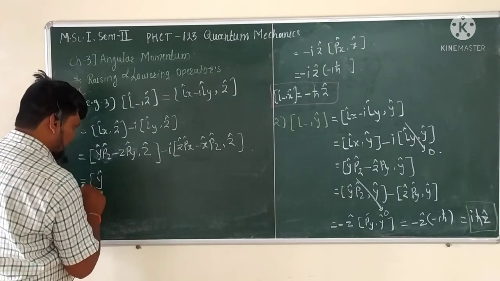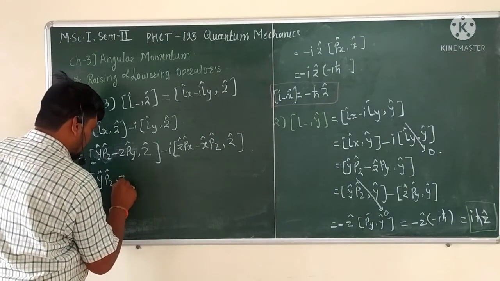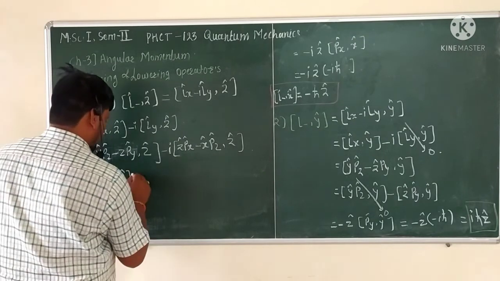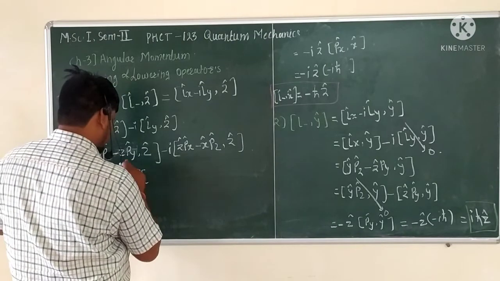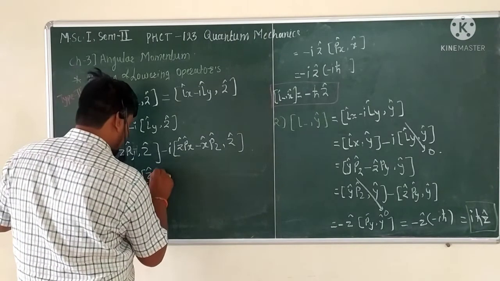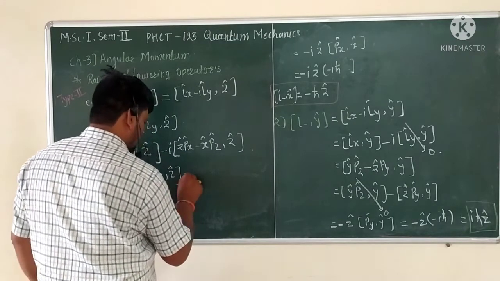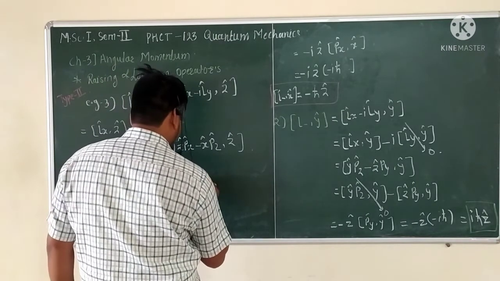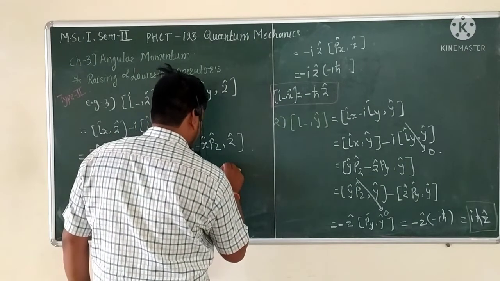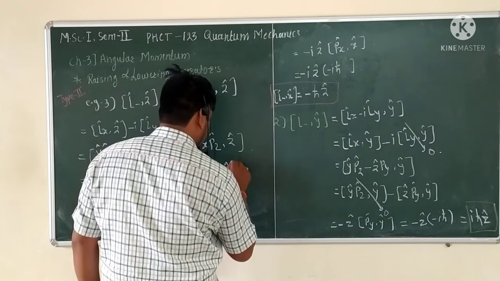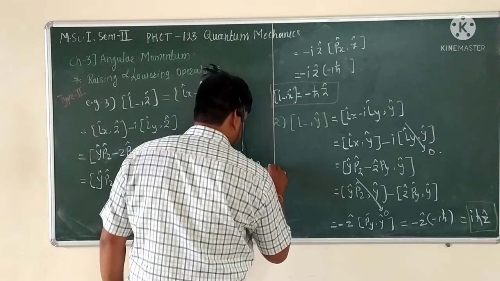So this y cap of pz comma z cap minus, and this next commutator bracket is z cap of py comma z cap. Again this split, so minus i is there, so here z cap of px comma z cap and minus x cap of pz comma z cap.